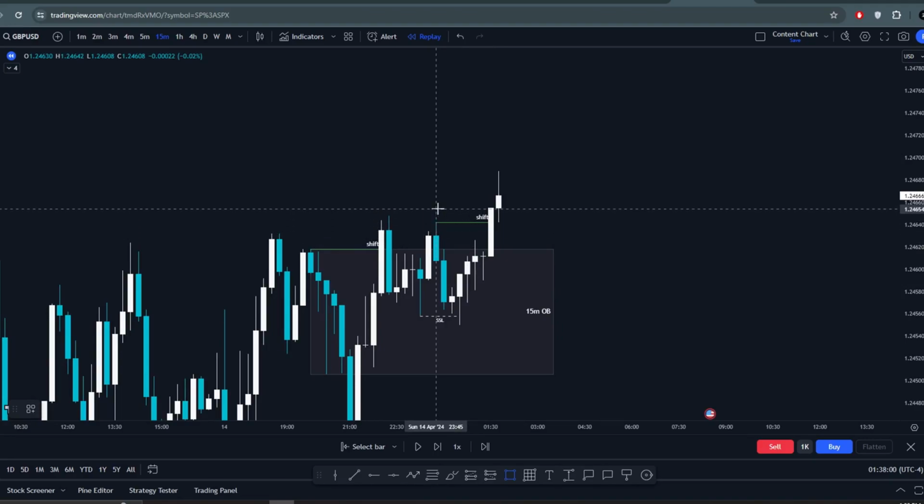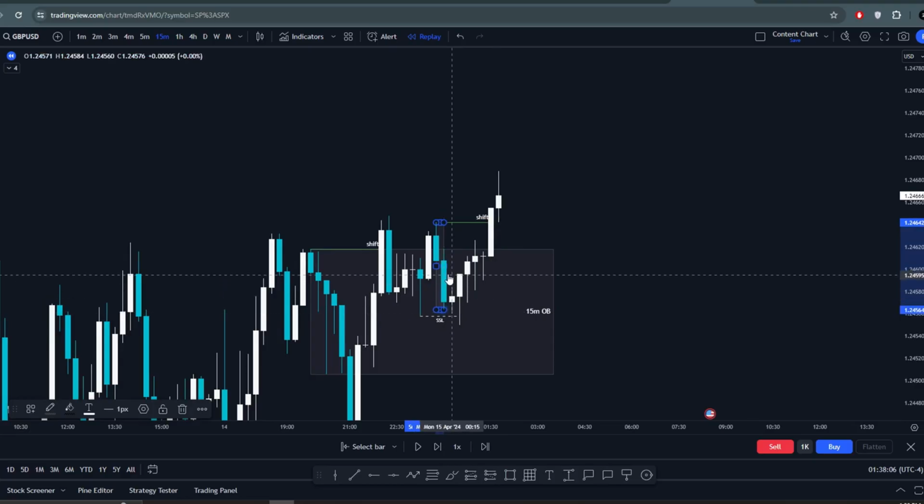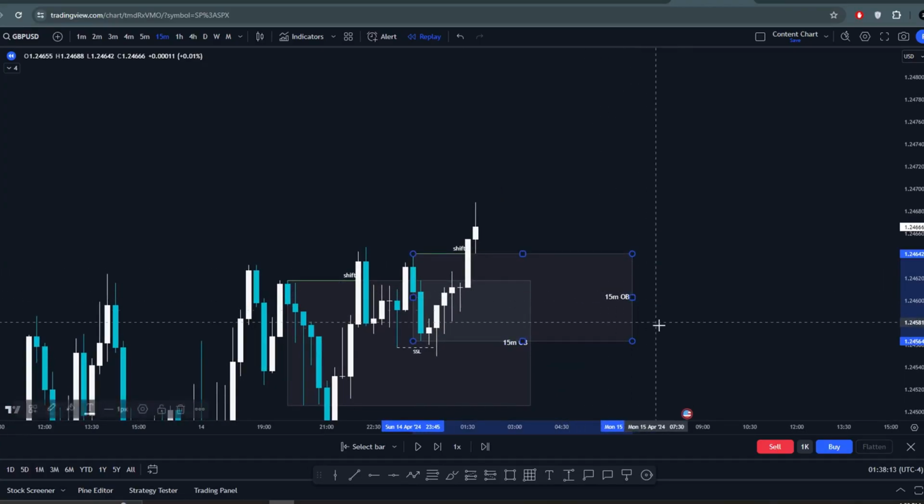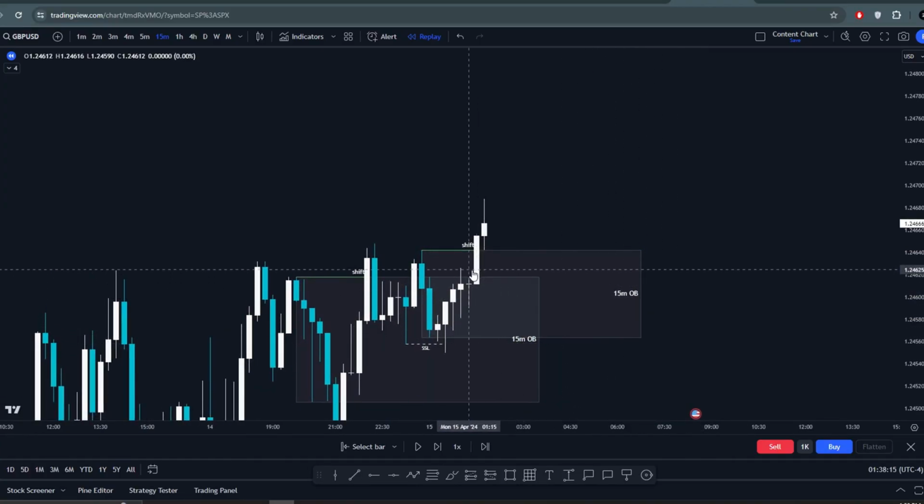So we are going to use the wick of the order block since we are overlapping into this fair value gap. All right, let's mark it out. 15-minute order block. All right, we want to see price respect this order block once again.